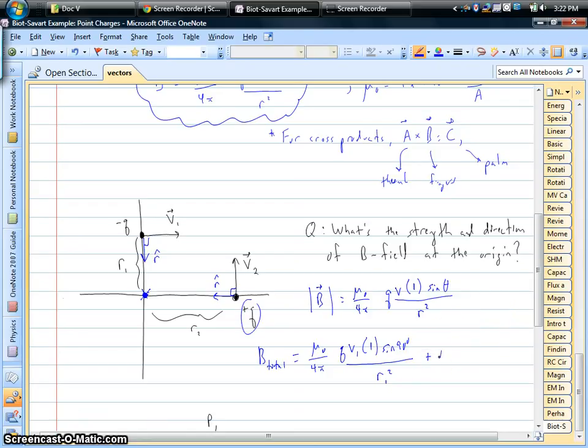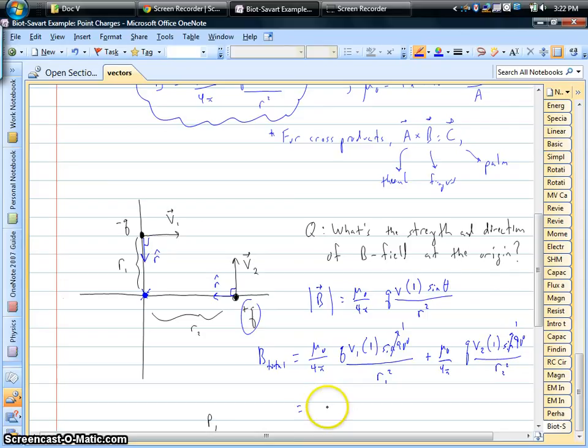Now we can just add to that because this vector is in the same direction. We've got that positive charge times whatever its speed is, v2. Its r hat also has a magnitude of 1, the sine of 90 degrees, and that's all going to be over r2 squared. So if we actually had numbers, this would work out beautifully. We can just add these numbers together. Sine of 90 in both cases is 1.